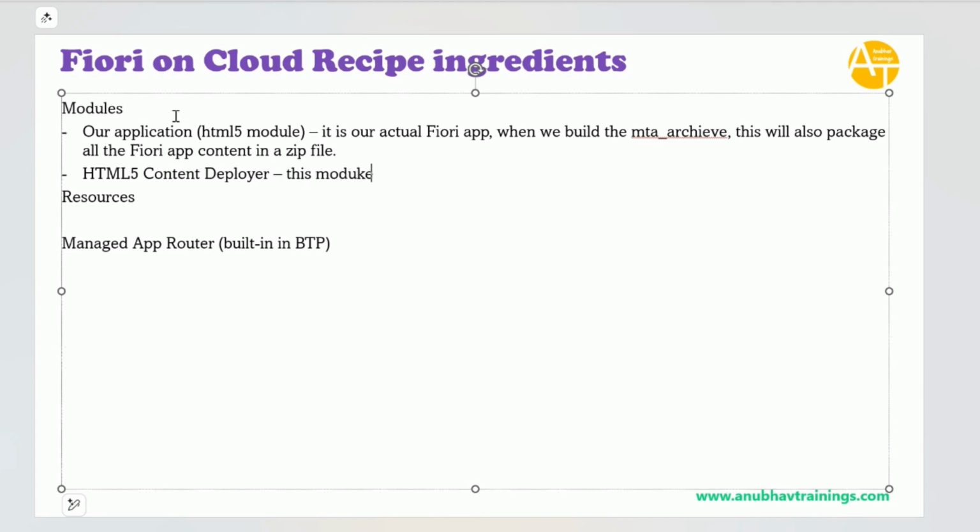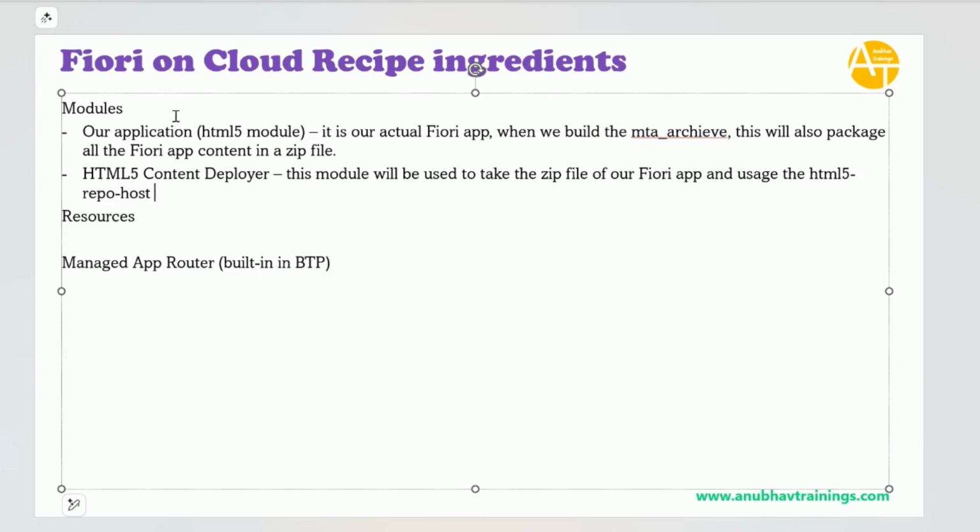This module will be used to take the zip file of our Fiori app and use the HTML5 repo host service to push our app, or store our app, in the BTP HTML5 repository. That's what this module does.